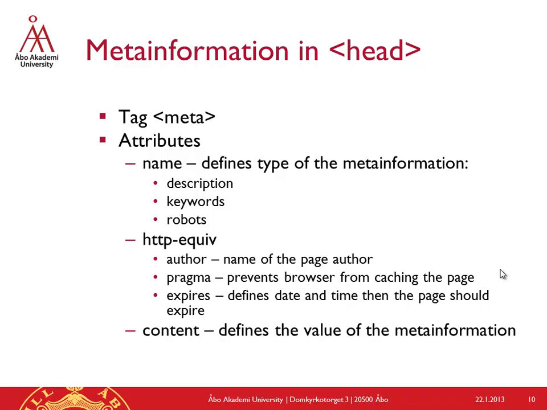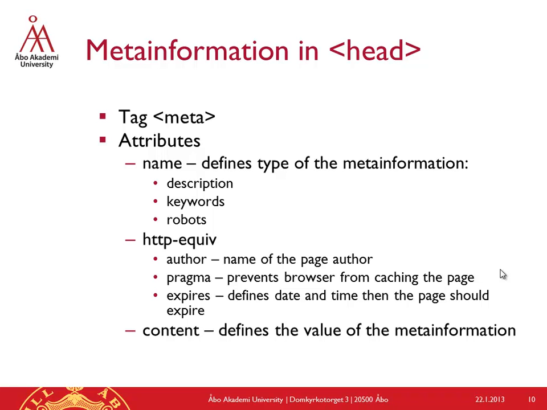So what exactly information can you put in this meta tag? You can provide some sort of description of your HTML document. Where can this description go? Anybody can say where it usually goes, where you see these descriptions? This is meta information.